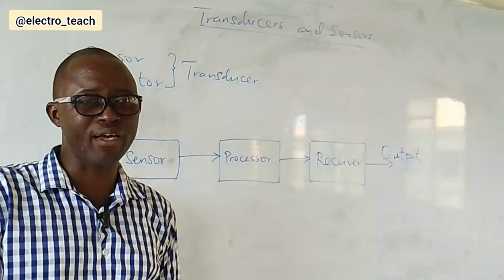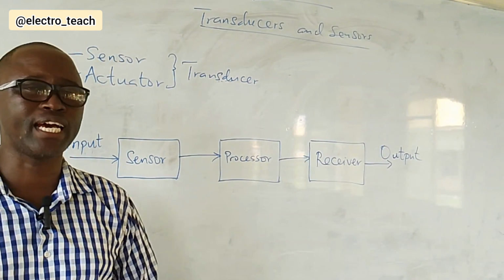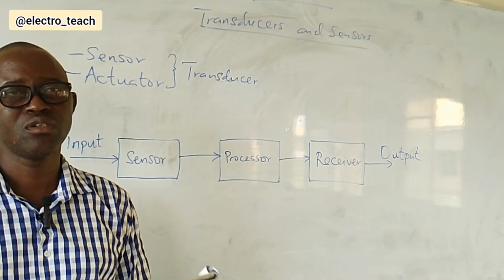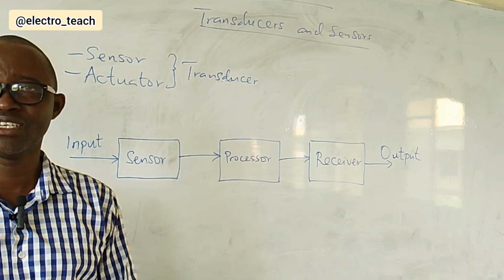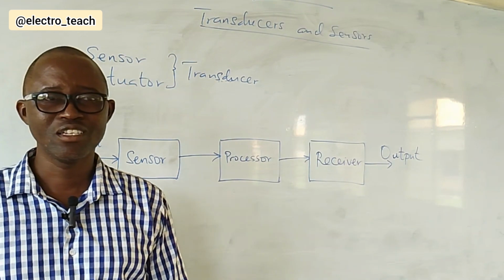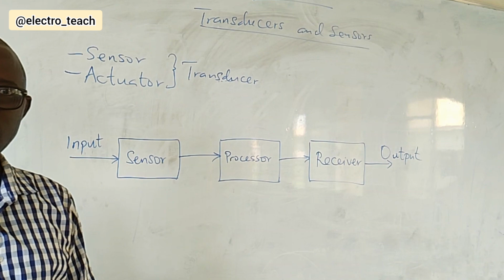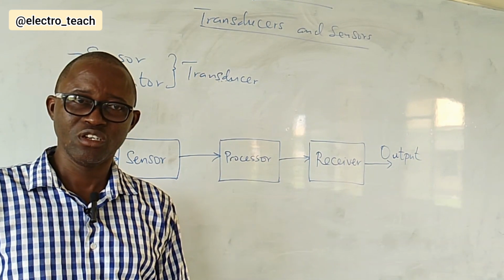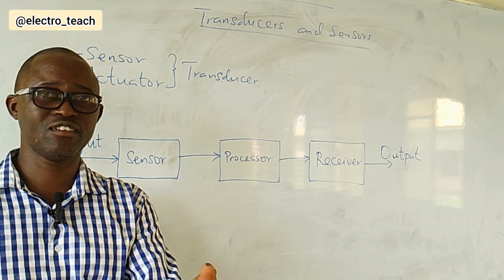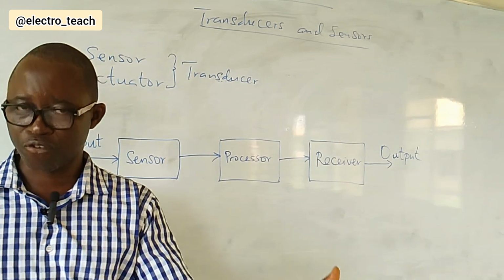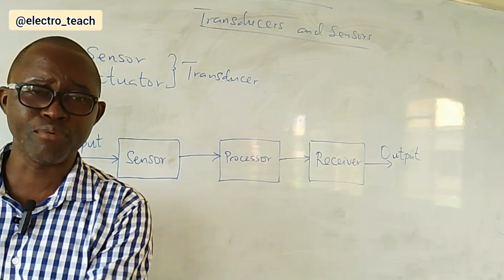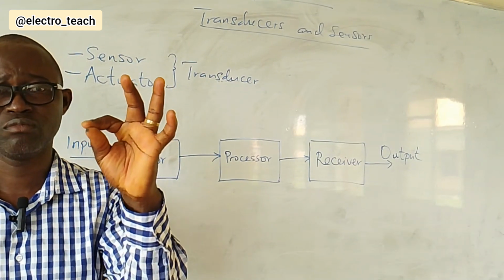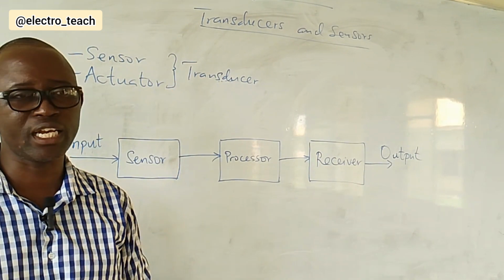Think of any type of energy in the real world. Is it motion? Is it temperature? Is it pressure? Is it stress, strain, force, speech? Whatever. Think of any type of energy. Any quantity that is variable, that is not just one value, can be converted into electrical energy.